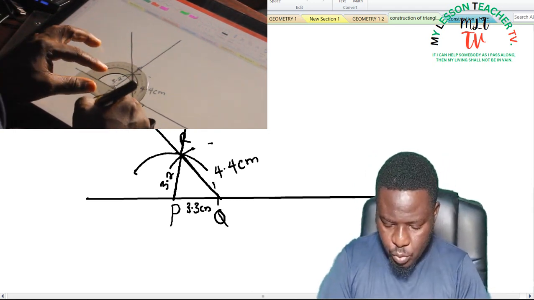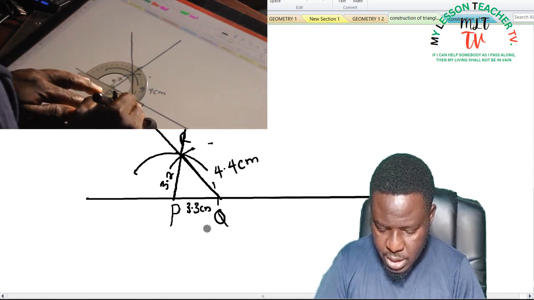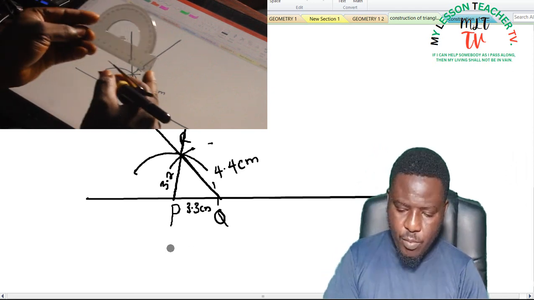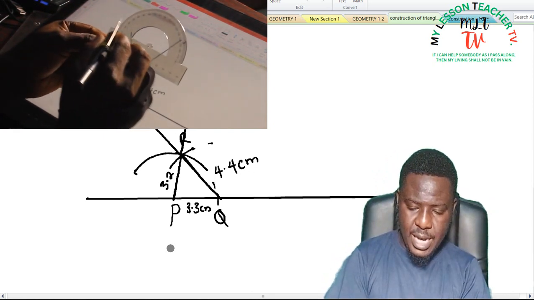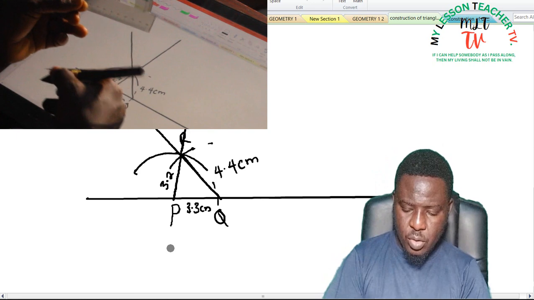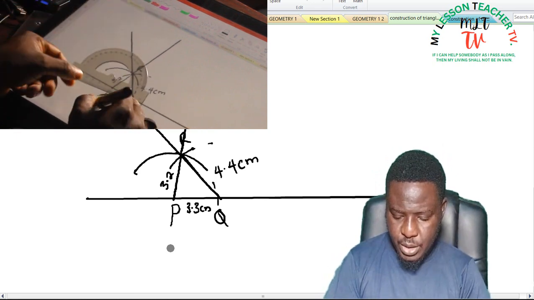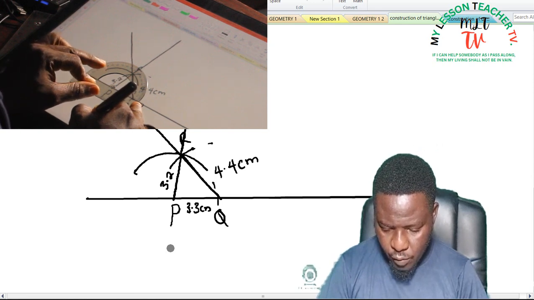So when you put this with your point, you ensure that the horizontal line of your protractor is parallel to your line PQ and this point is at point P. So when you do it this way, you can then take the value of angle RPQ.